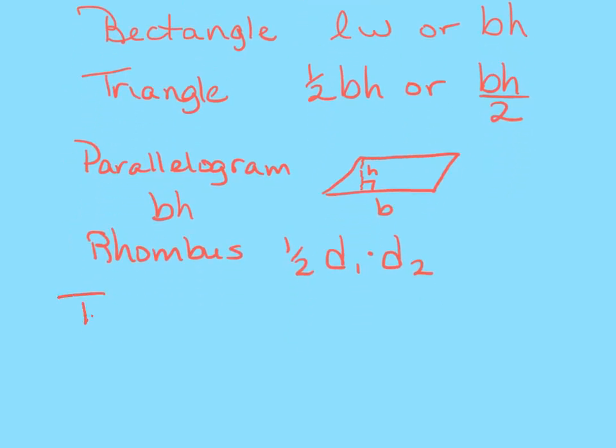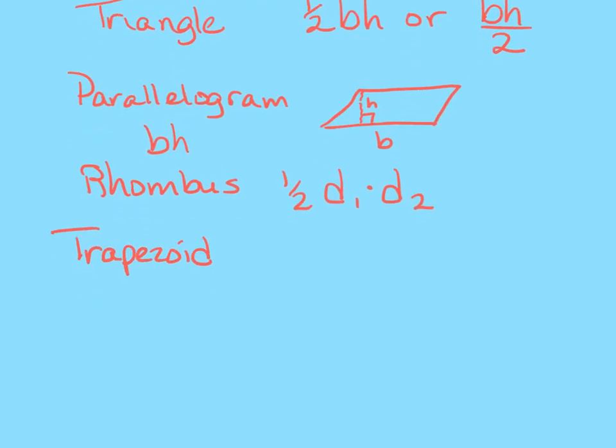We also covered the formula for area of a trapezoid, and that was 1/2 height, and then times base 1 plus base 2. So again, a trapezoid could look like this.